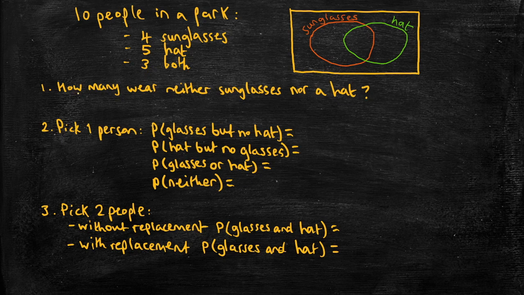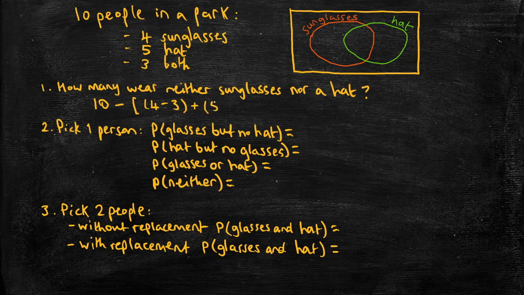So if we want to answer the question how many wear neither sunglasses nor a hat, we start with the 10 people in the park, and then we're going to subtract people with sunglasses but not a hat. So that's 4 minus the 3 that have both. So I'll just write that down, 4 minus 3. So those are the people with sunglasses but not a hat. How about the people with a hat but no sunglasses? We have 5 with a hat, 3 with both.